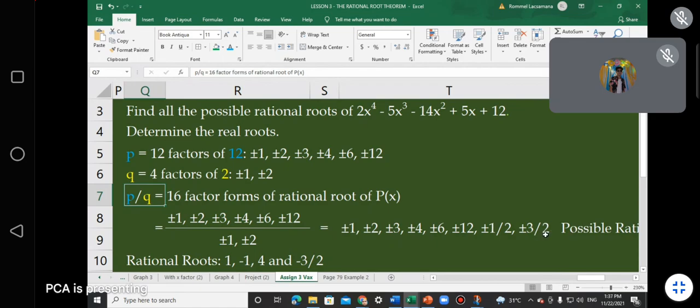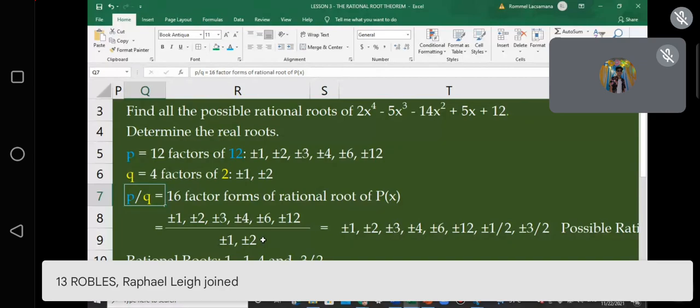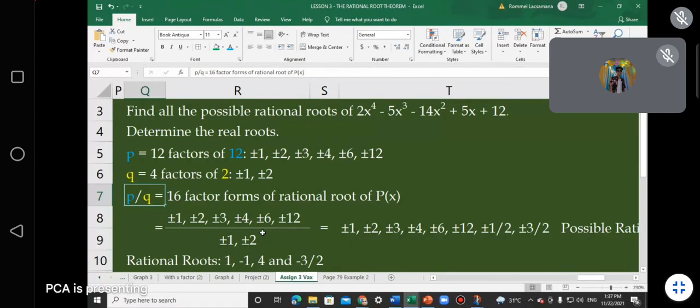One of those rational roots is 4 over 2. Maybe you do not know how to simplify or divide yet. 6 over 2, positive and negative 3 is there. 12 over 2, positive and negative 6 is there. Okay, next. So these ones are your possible rational roots.